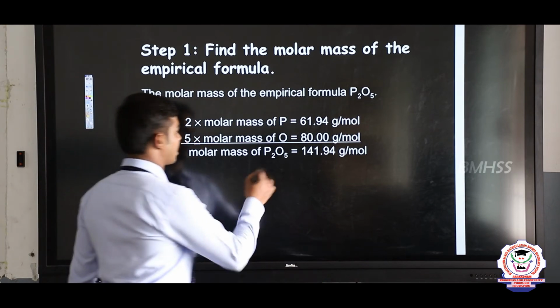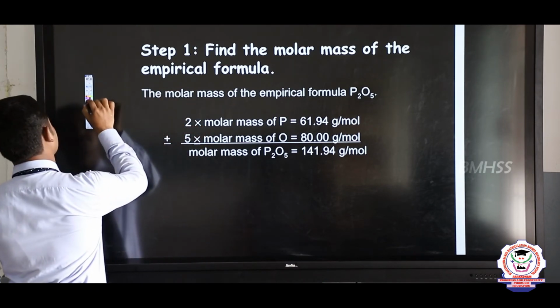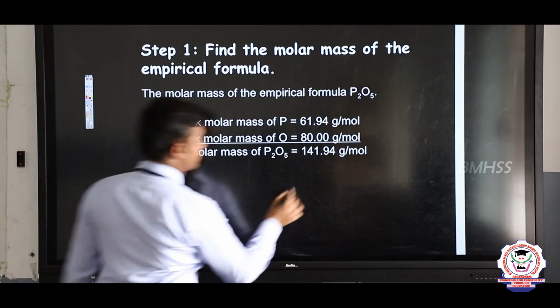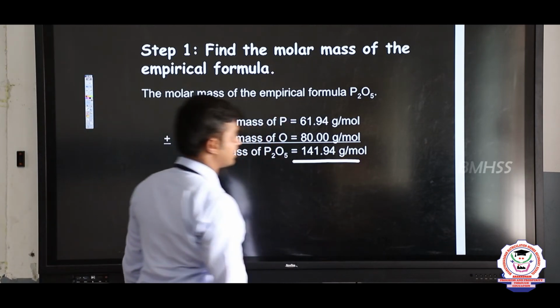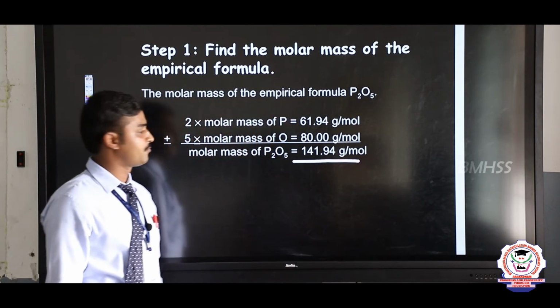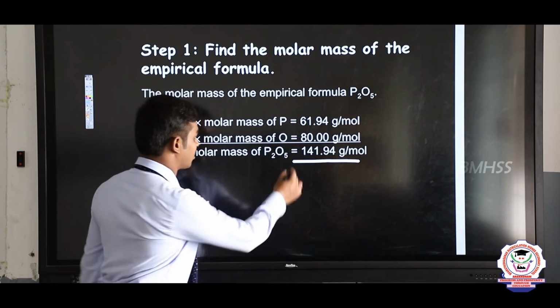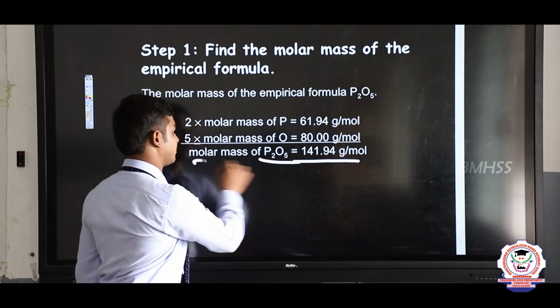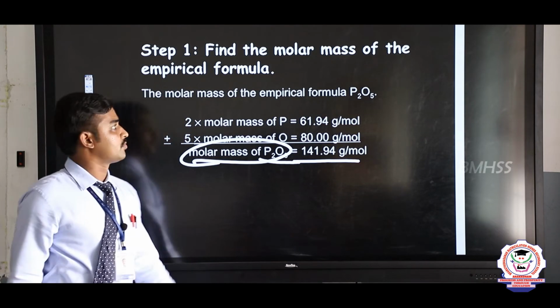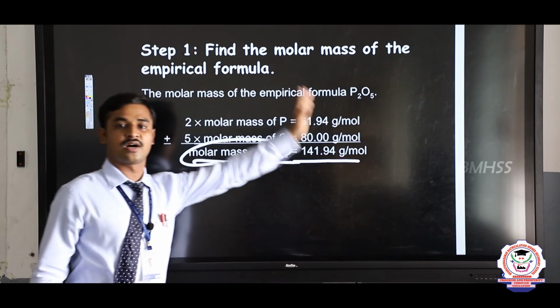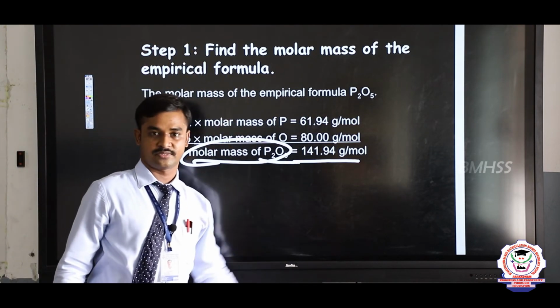So, the total molar mass will be 141.94 gram per mole for P2O5. So, the first step is to find the molar mass of the empirical formula compound.